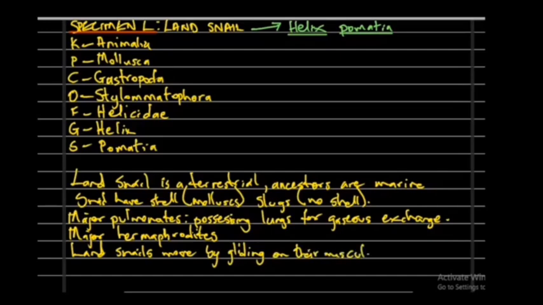It is on their muscular foot that they glide about, which is lubricated with mucus, and this makes it possible for them to move about. Now, that muscular foot is also covered with cilia, which reduces friction.